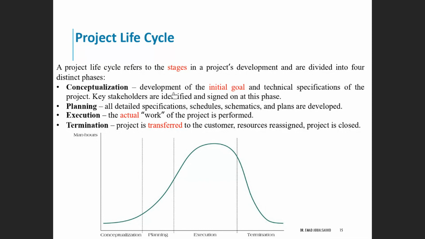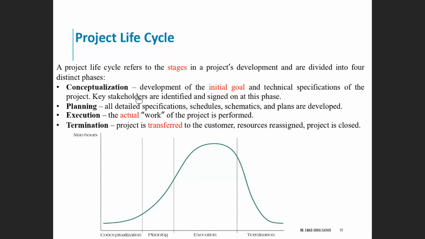The conceptualization is initial goals and technical specification of the system or of the project. Stakeholders, who are the parties who benefit from this project, we call them stakeholders, are identified.